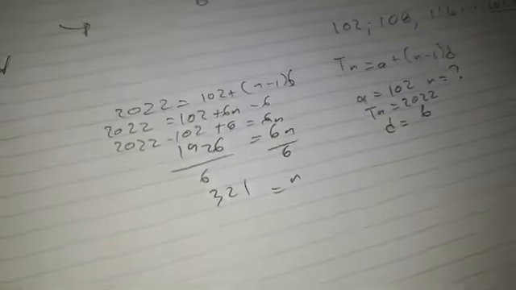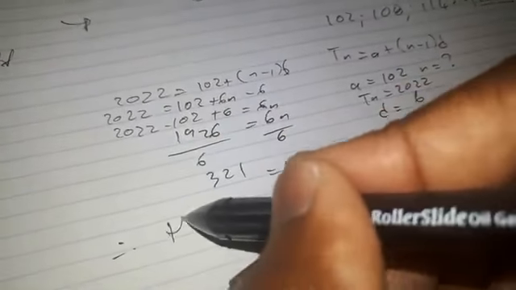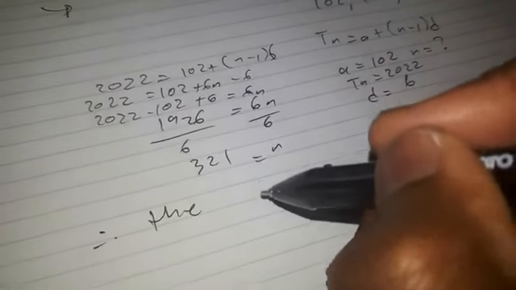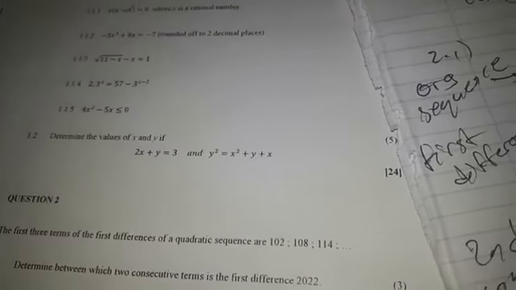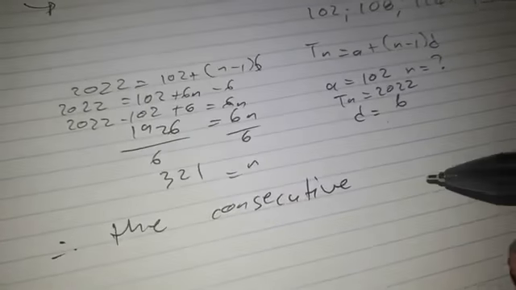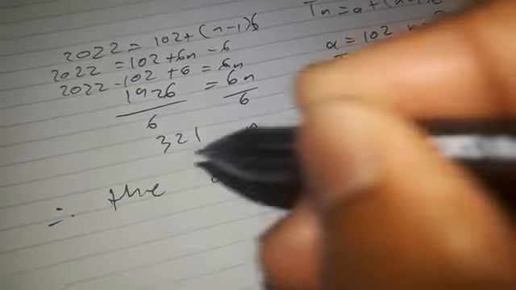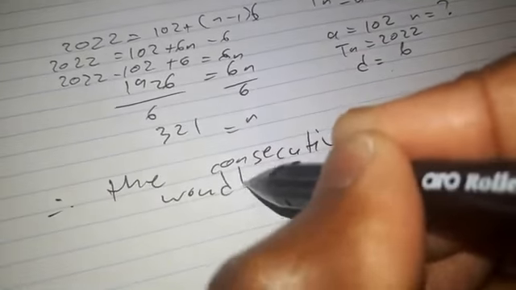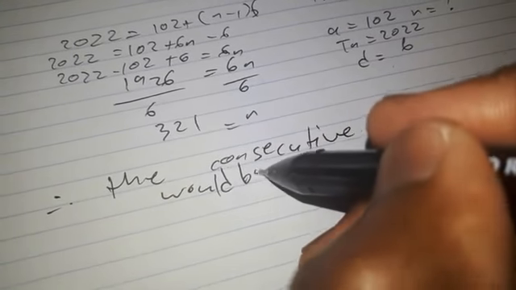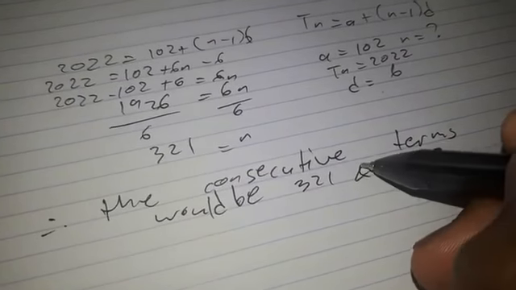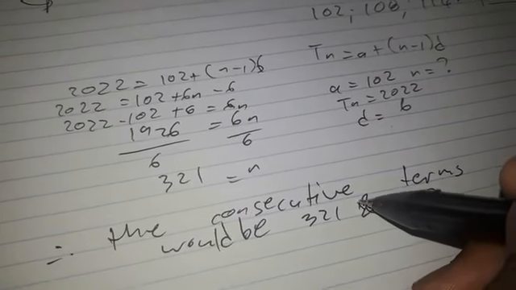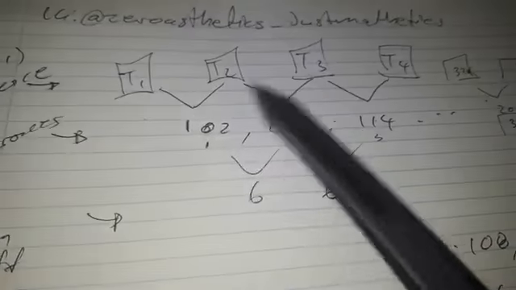So here we need to say therefore the consecutive terms, I don't even know if that's spelled correctly, is it? Let's check that out. Yep, the consecutive terms would be 321 and 322, just by looking at this ideology.